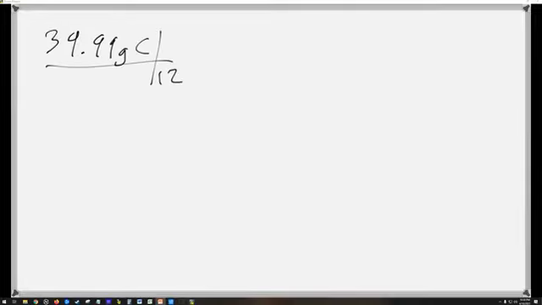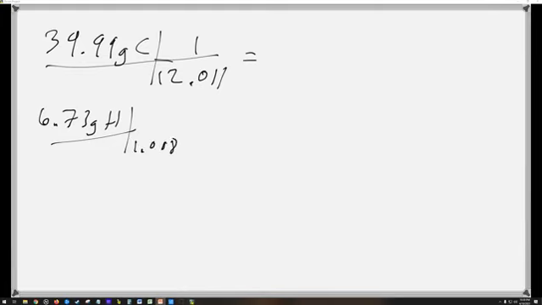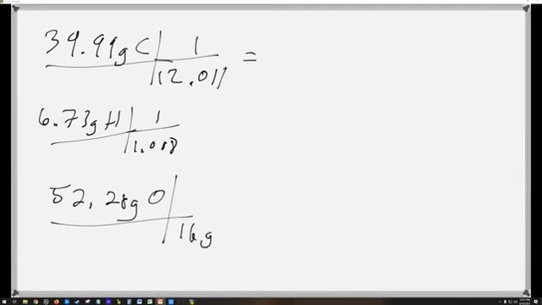We're going to divide that by 12.011. We're going to take the 6.73 grams of hydrogen divided by 1.008. We're going to take the 52.28 grams of oxygen. That's the last one. We're going to divide that by 16 grams of oxygen per 1 mole.